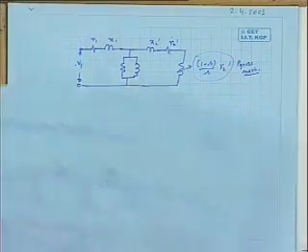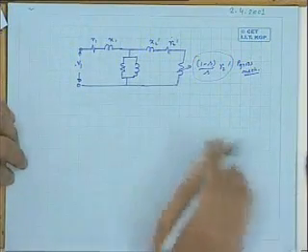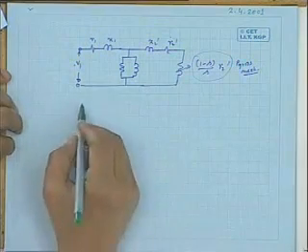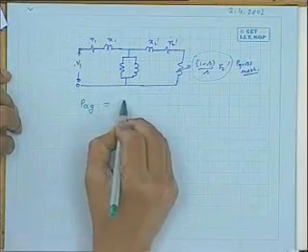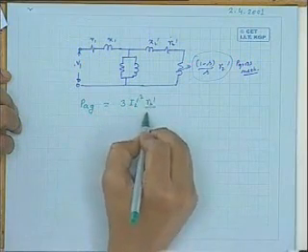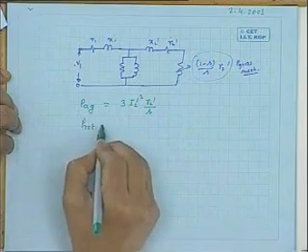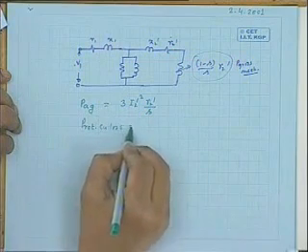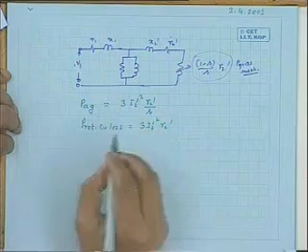Now, obviously, we have established this important relationship that this air gap power, as you can easily see, is equal to 3 I2 dashed squared R2 dashed by S, and the rotor copper loss will be obviously 3 I2 dashed squared R2 dashed.